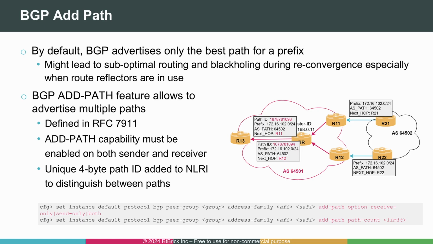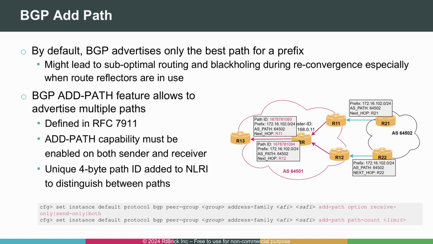The BGP add path feature, defined in RFC 7911, allows a BGP speaker to advertise and receive multiple paths for the same prefix. To use this feature, both sender and receiver must support it and negotiate the capability during BGP session establishment. A 4-byte path identifier is added to the NLRI to distinguish between multiple paths.